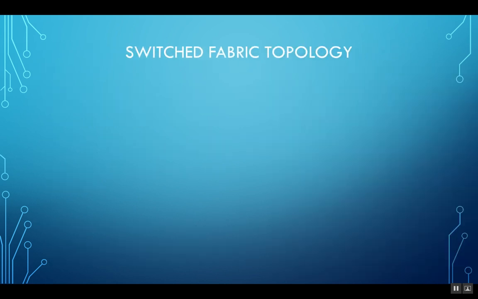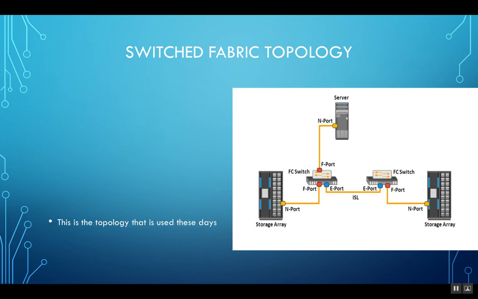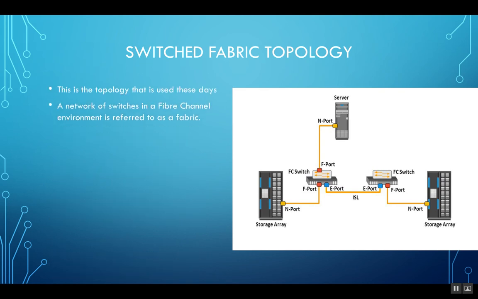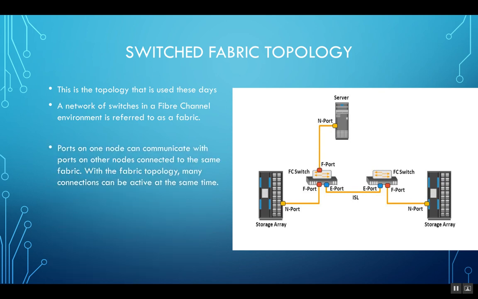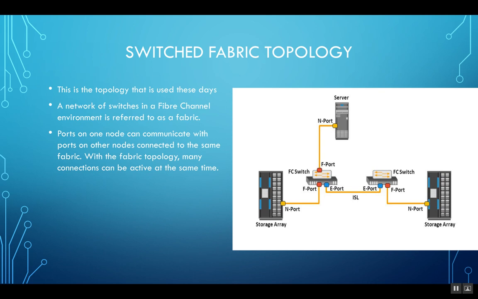Coming to the most used topology these days, and the latest one, switched fabric topology. Switched fabric topology is basically a network of switches in a fiber channel that are interconnected, forming a fabric. Ports on one node can communicate with ports on another node which is on the same fabric, and many connections can be active at the same time.